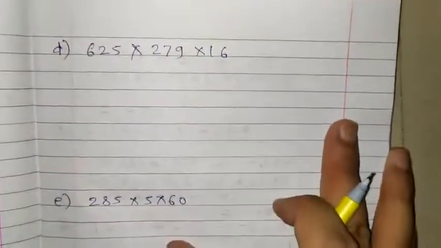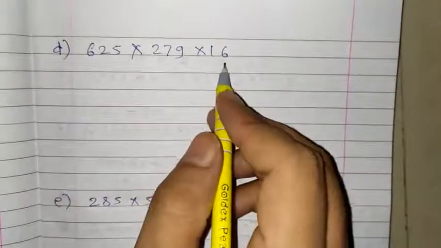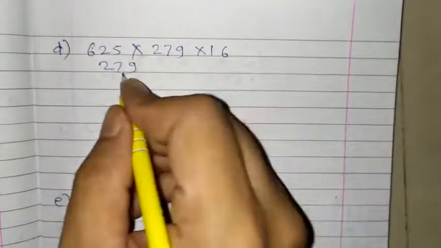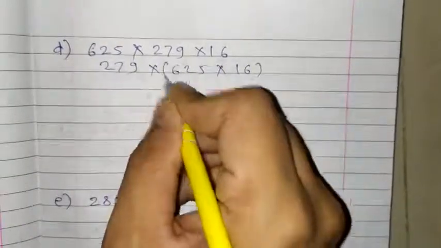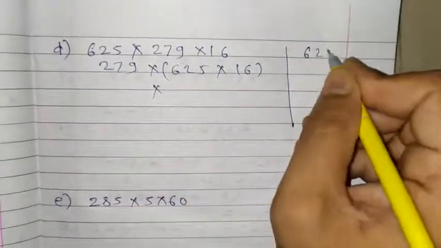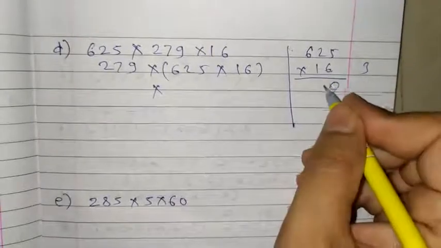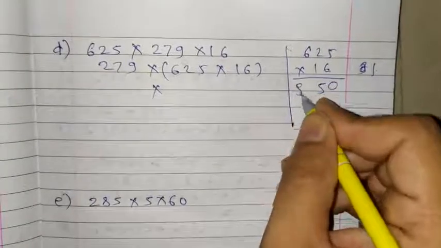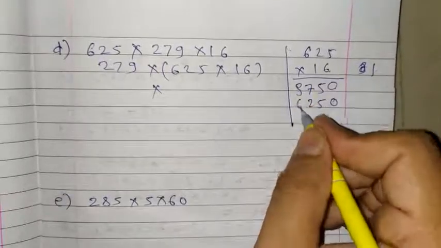Now going into question number D. So here 6 into 5 means 30. So 279 as it is you write, and then these numbers you use in the combination because 6 into 5 is 30. So first you do their calculation. 6 into 5 is 30, 6 into 2 is 12, 12 plus 3 is 15, 1 carry, 6 into 6 is 36 plus 1 is 37. 1 into 5 is 5, 1 into 2 is 2, 1 into 6 is 6.